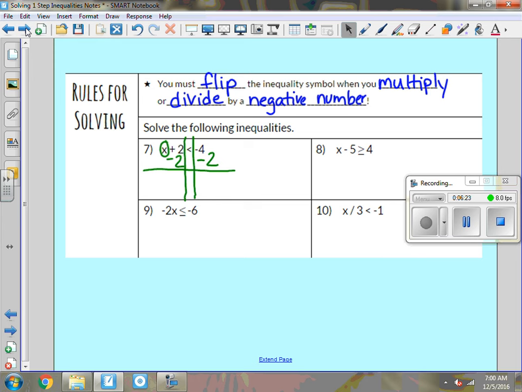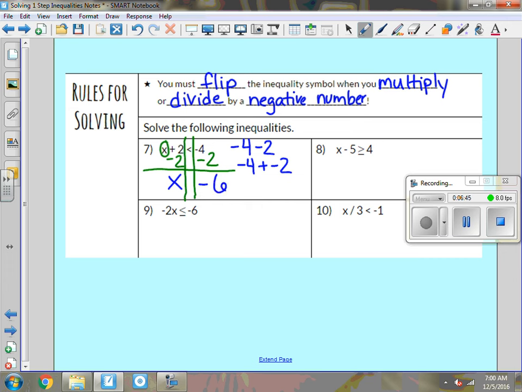Now my solution here, well, I just have x all by itself now, and then I had -4, and then I subtracted 2. Remember, -4 minus 2 is the same thing as -4 plus a -2. And a negative plus a negative is a negative, and I just add those numbers normally. So 4 plus 2 is 6.